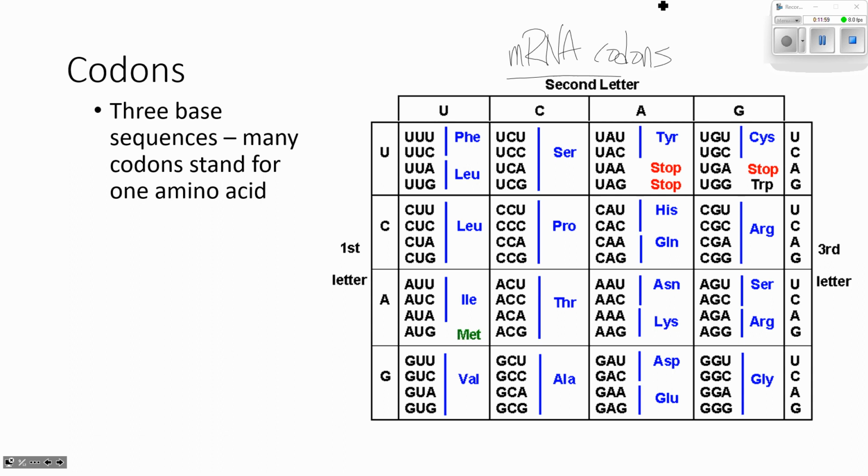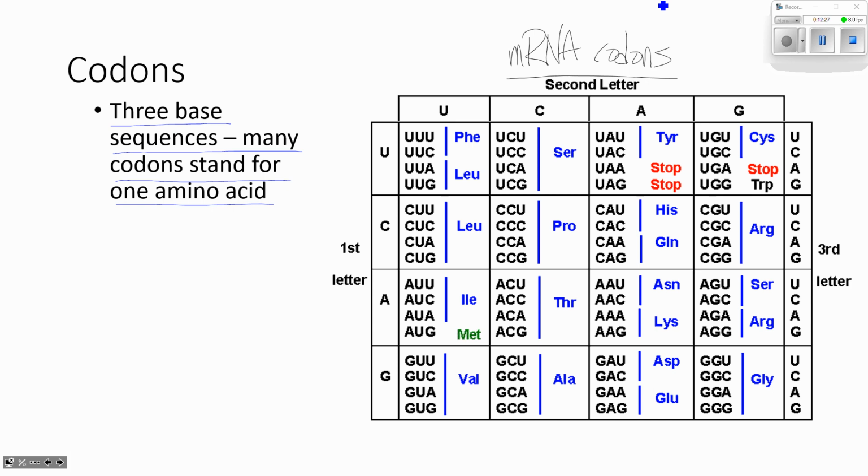Okay, and we could figure out what the coding strand, the template strand of DNA would look like, and what transfer RNA would hook onto these codons because it follows the base pairing rules. But those codons are 3 letter sequences, 3 base pair sequences that determine which amino acid will be on the end of a transfer RNA.